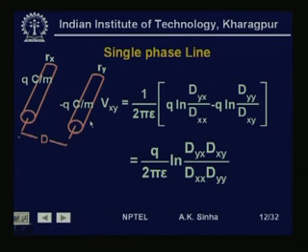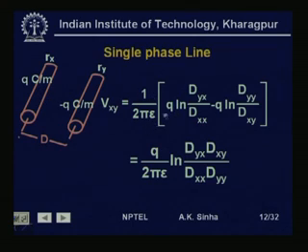So, now using the same formula we can find out that Vxy will be given by 1 by twice pi epsilon q ln dyx by dxx for the charge on conductor x, that is, because of the charge on this conductor, the voltage difference between these two will be given by this relationship.